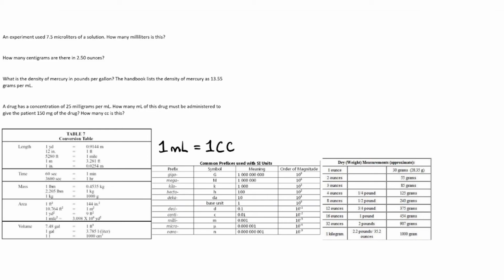So we're going to have 150 milligrams, and we're going to use this concentration to convert our milligrams to milliliters. So we have 25 milligrams per 1 milliliter.